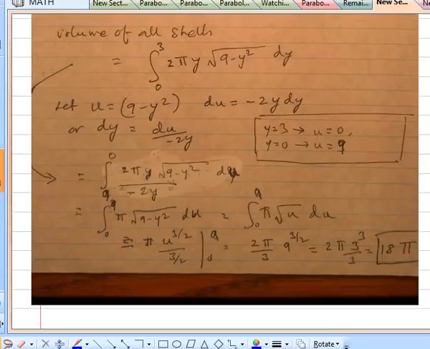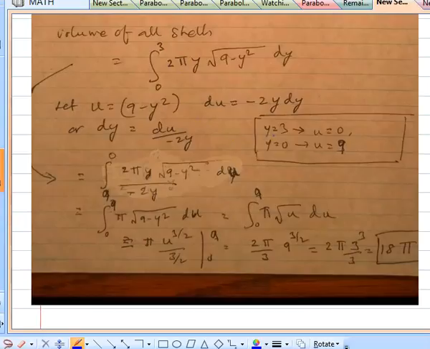Now you could completely solve the integration problem, then convert u back into y and take the limits from 0 to 3, or we can leave it as u, but make sure that you convert the limits appropriately.